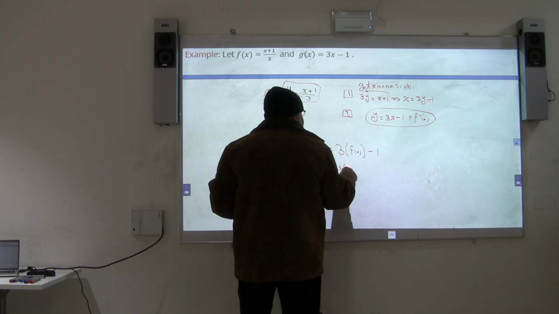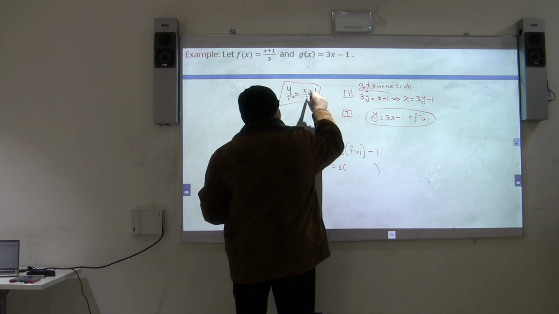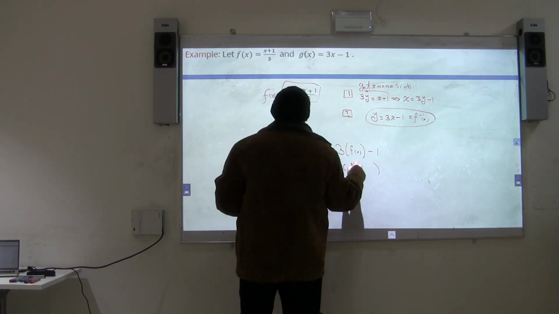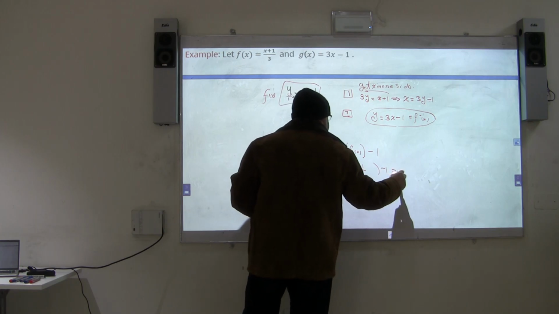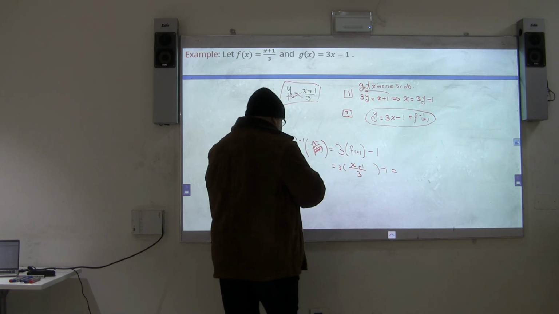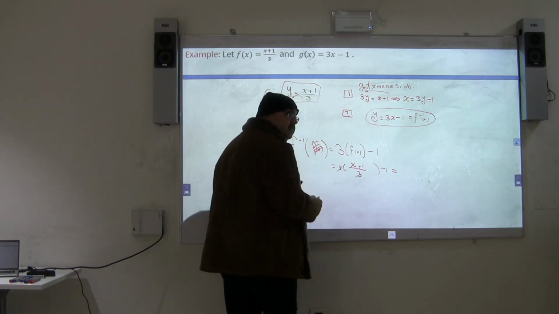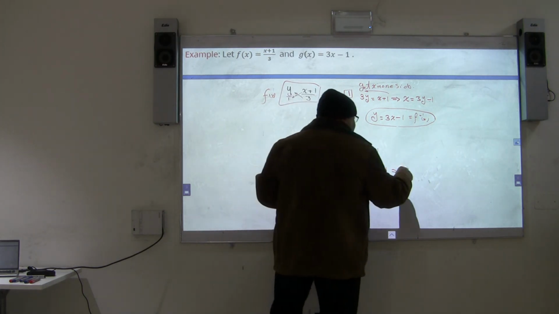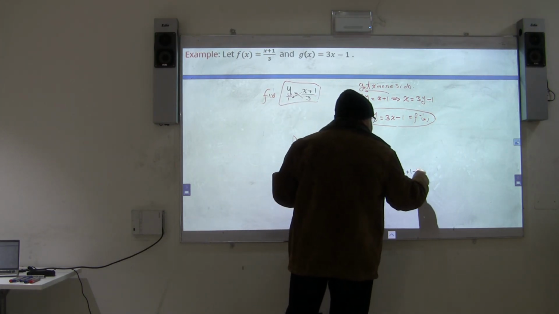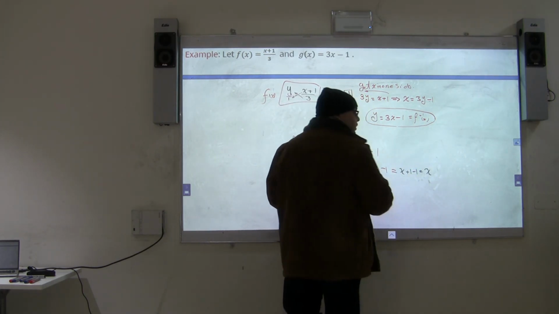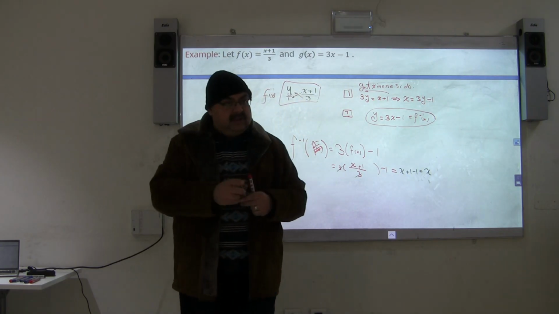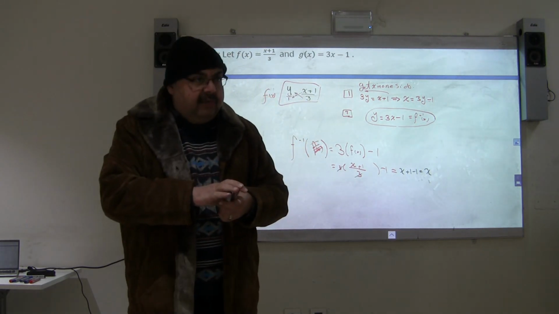What is the f of x, Omar? It's x plus 1 over 3. So it's 3 times (x plus 1 over 3) minus 1. Let's see the result. If you notice, the 3 will cancel, and then you will have x plus 1 minus 1, which is x. And that means it is a correct value for the inverse.